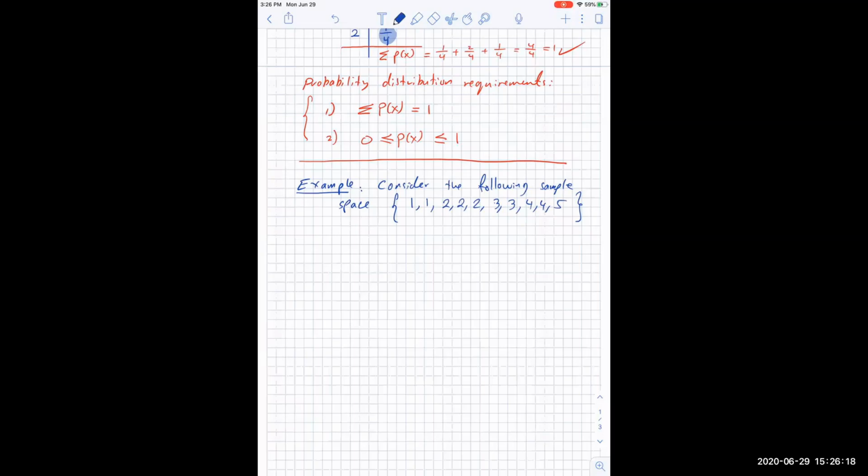The experiment is very simple and straightforward. We're going to select one number at random. X is one number selected from the set at random.